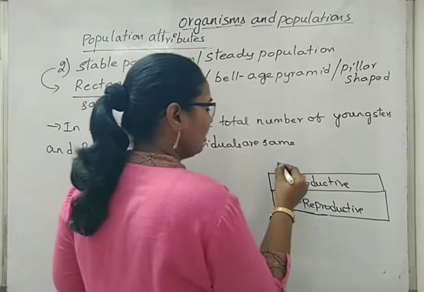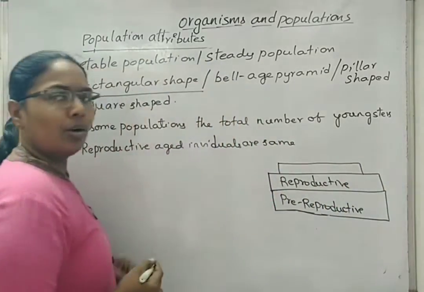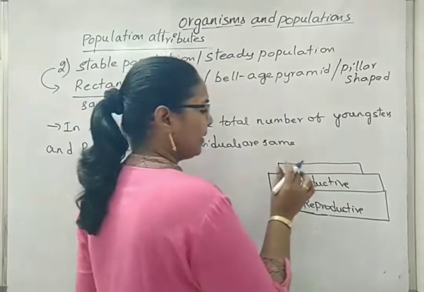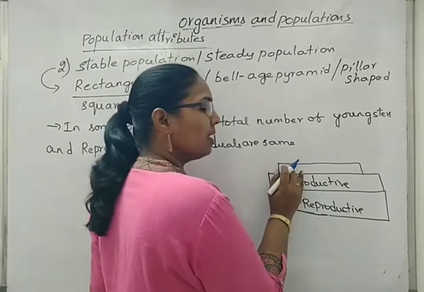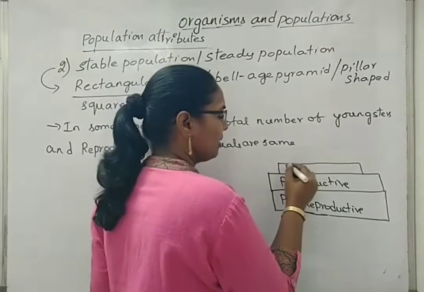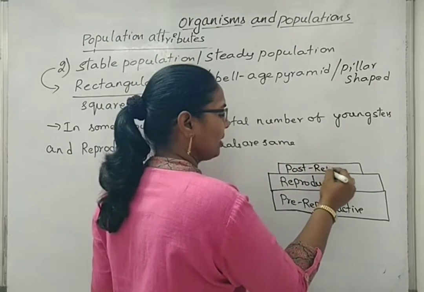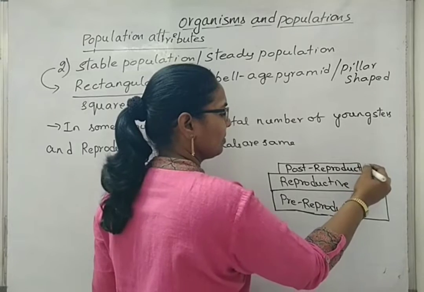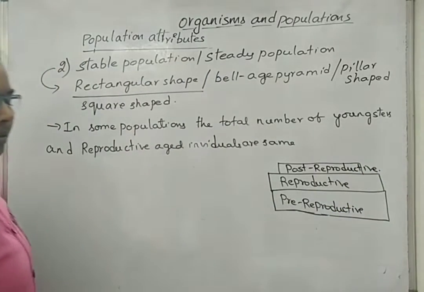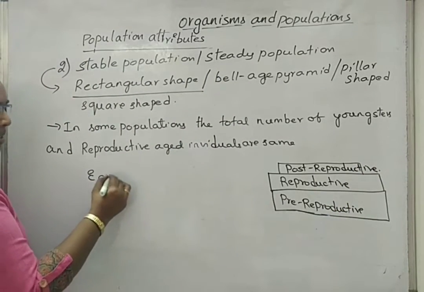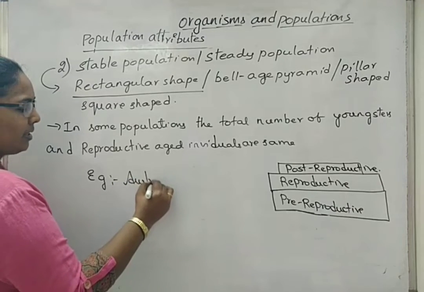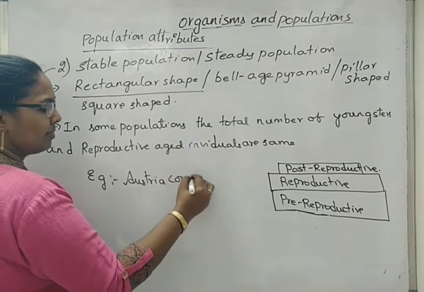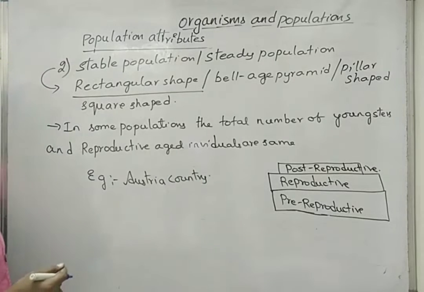But the post-reproductive aged individuals or older people, their number will naturally be less because here there will be mortality. This is post-reproductive aged individuals. Here we can take the best example like Austria, in which the reproductive aged individuals and pre-reproductive aged individuals number is the same.